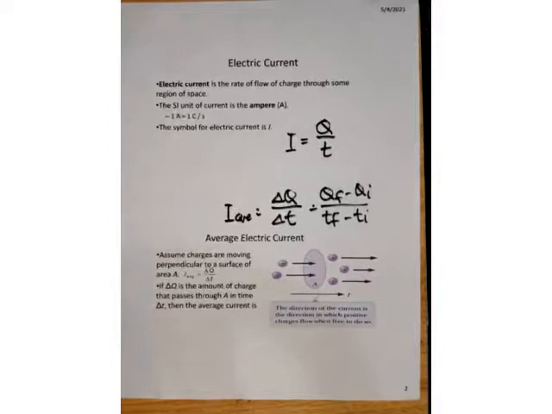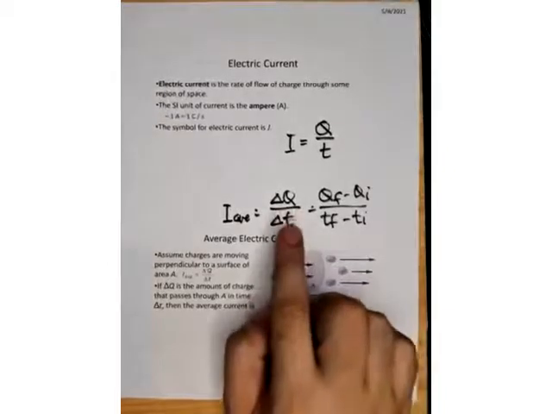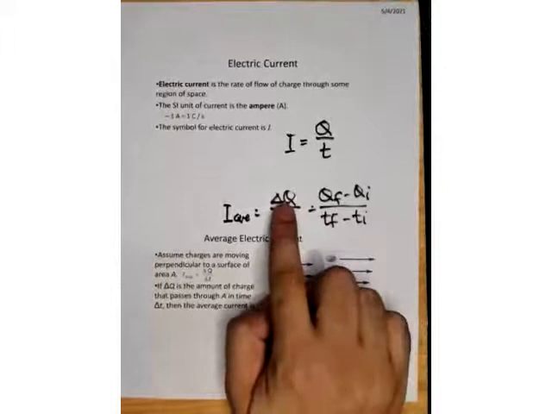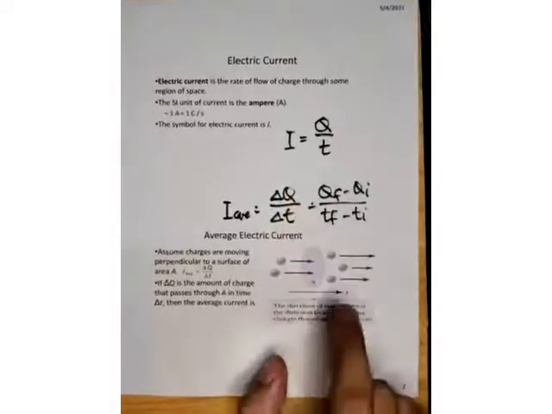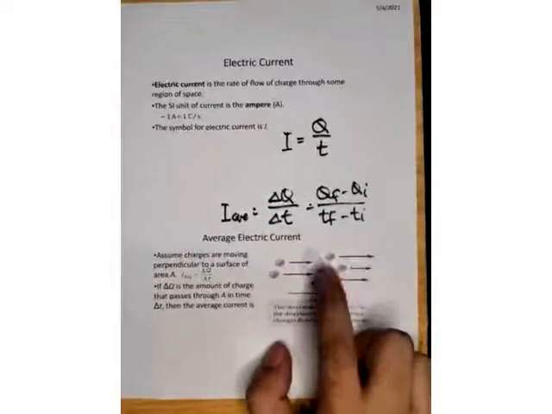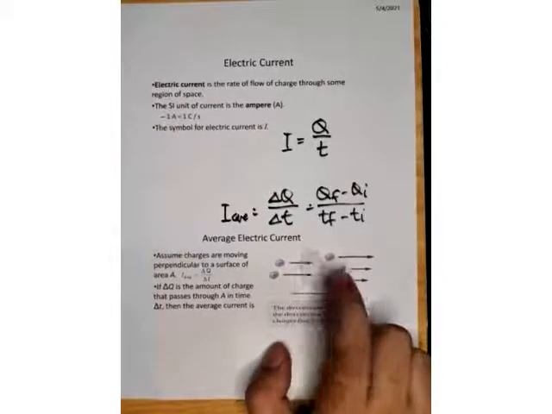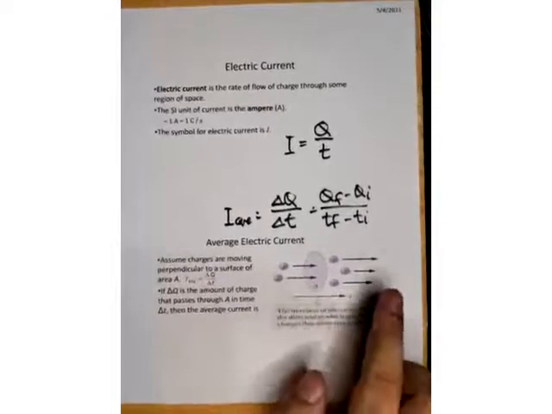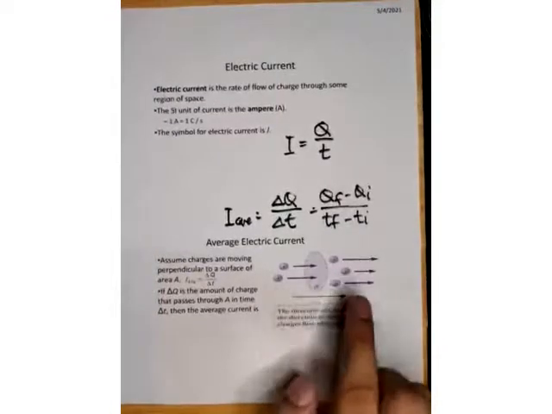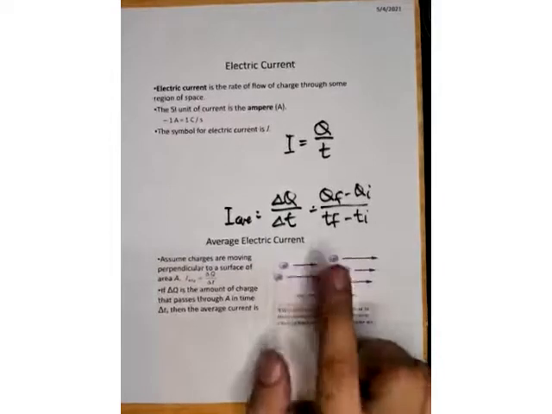Okay, so meron tayong dalawa pang klase ng current, yung average current at saka yung instantaneous current. Pag yung average current, so that's equal to delta Q over delta T or the total change in the charge over the total time for that change in the charge. Okay, so example, meron tayong conductor dito at meron siyang cross-sectional area and positive charges are moving in this direction. So that means the direction of the current is in this direction, flowing through this area.